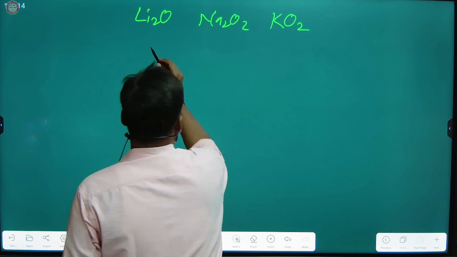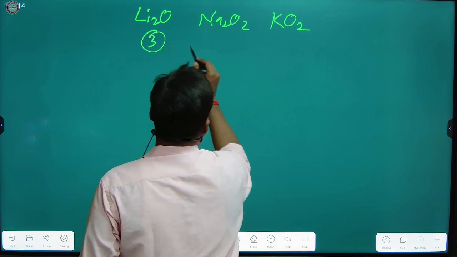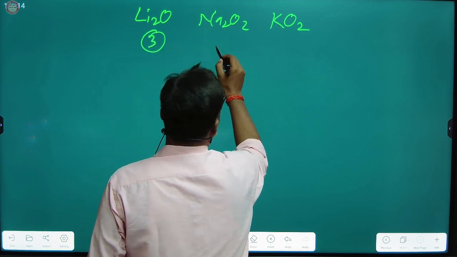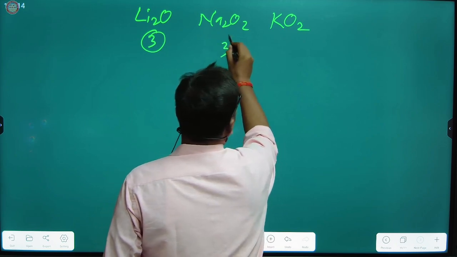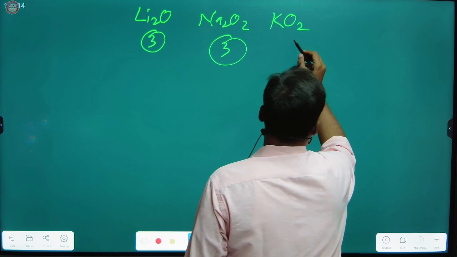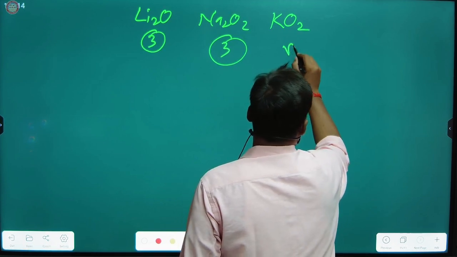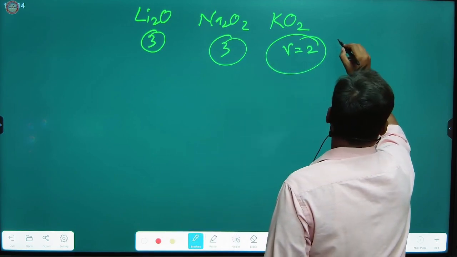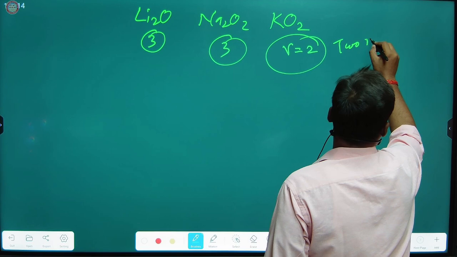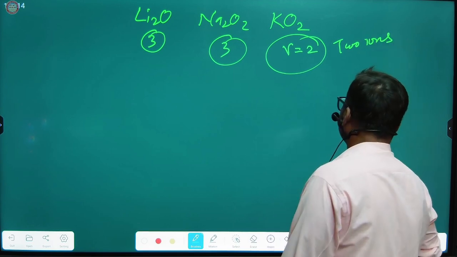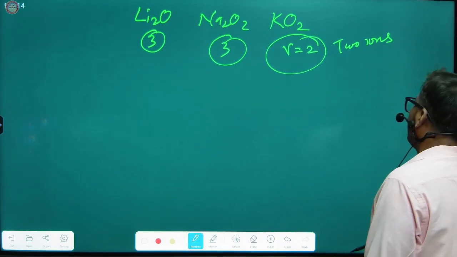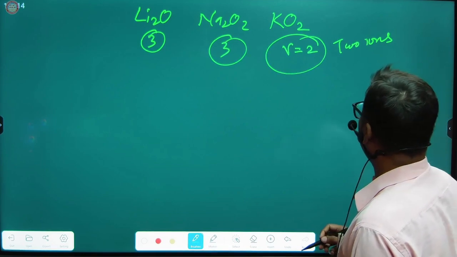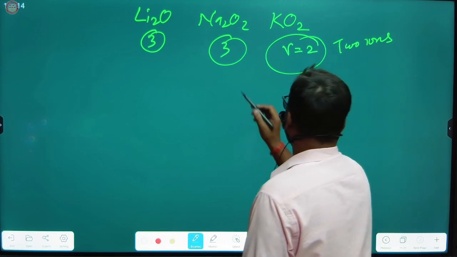Total number of ions in the unit formula is 3. And in case of superoxides, nu is equal to 2. Only 2 ions are present in the superoxide structure, whereas in the peroxide there are 3 ions.